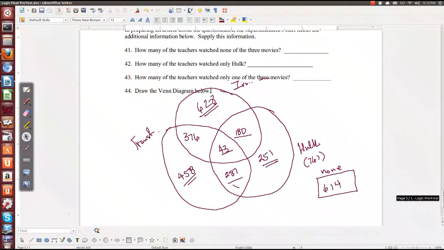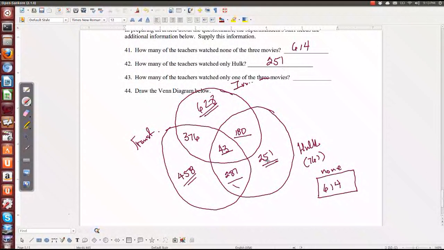So for our questions, it wants to know how many of the teachers watched none of the 3 movies. That's this none that we put in the corner down here. This 614. It wants to know how many of the teachers watched only the Hulk, and that's this 251 that are in the Hulk circle but aren't in any other circle.